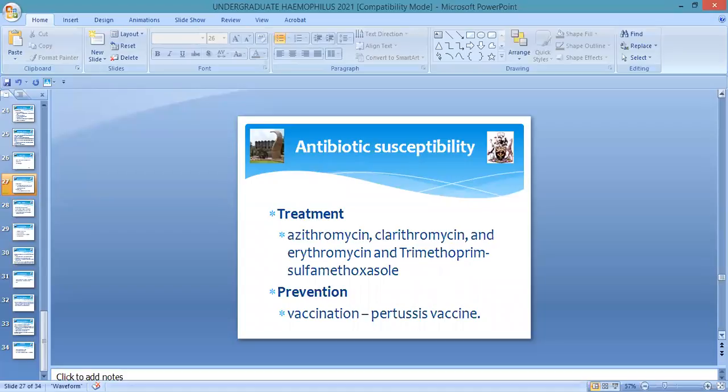And the use of this vaccine has also reduced infections due to Bordetella pertussis and also parapertussis. Okay, so we don't have a lot of infections because of the use of the vaccine.